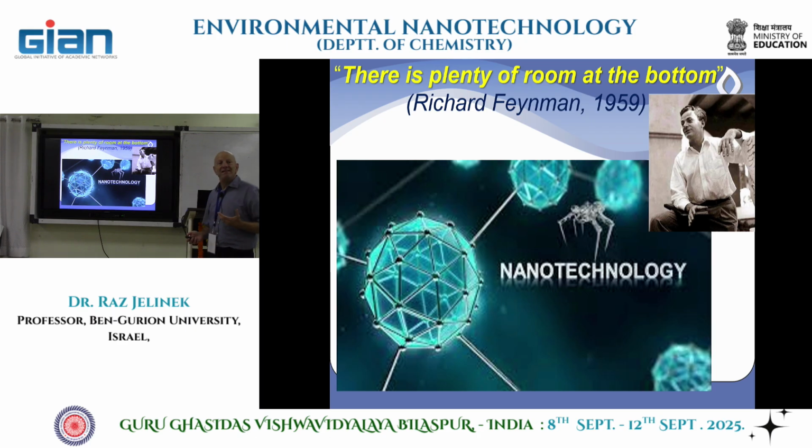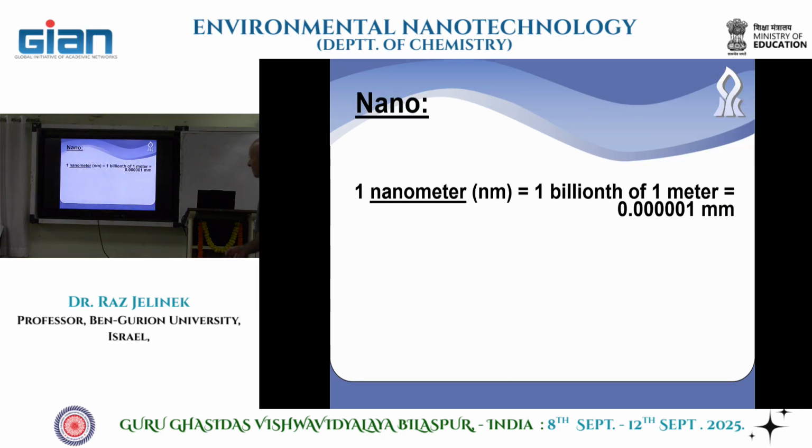And this was the birth of nanotechnology. Actually, Feynman didn't use the term nanotechnology. This term only happened about 30 years later, as I'm going to show you in a minute.